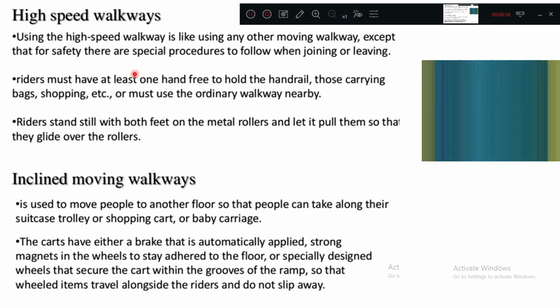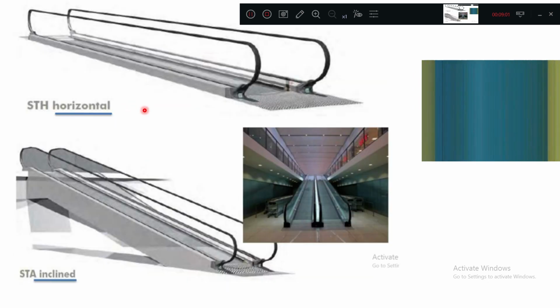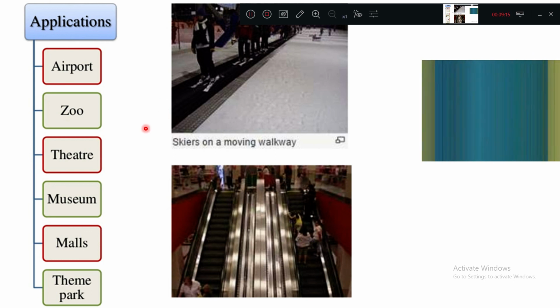So we have high speed walkways and inclined walkways. Can you see this one? Horizontal movement can be inclined movement. Here the rollers are not visible. You can see the applications: it can be used in airports, zoos, theaters, museums, malls, and theme parks. Here they are using skiers on a moving walkway.